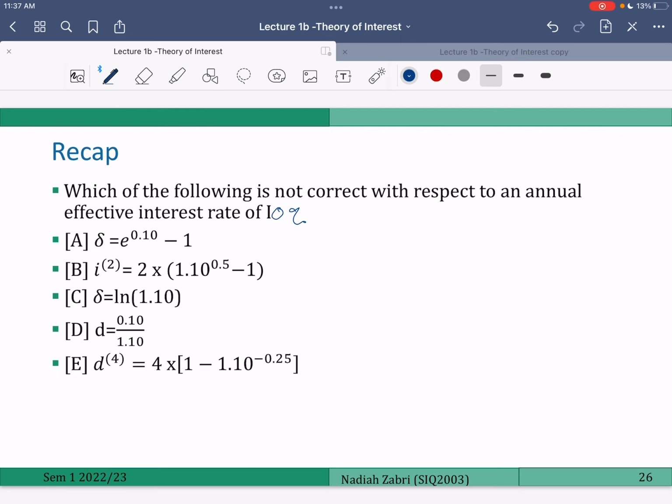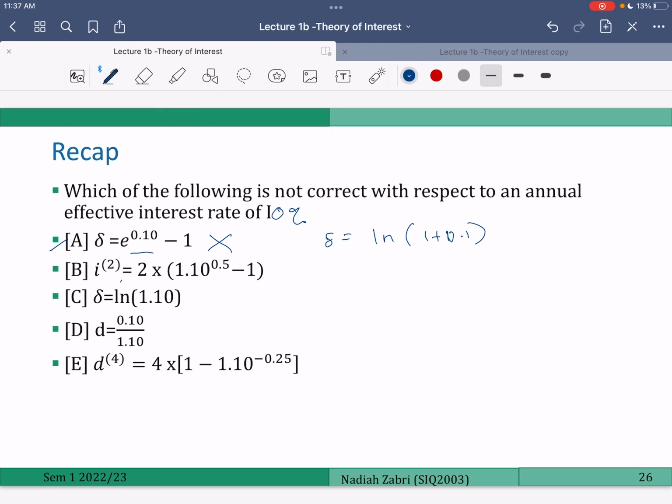The first one, is it correct? Delta equals this one, which looks very weird, because what we know is delta equals ln 1 plus I. So in this case, it should be ln 1 plus 10%. This one is wrong.